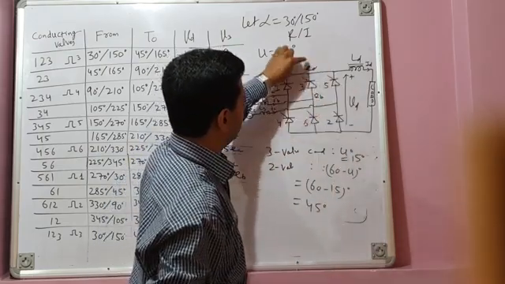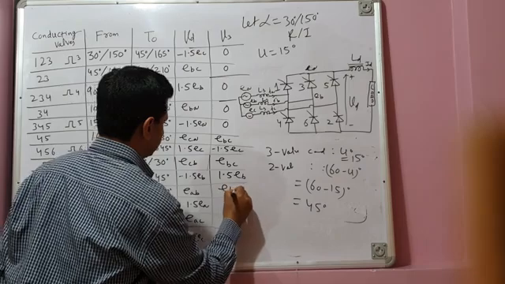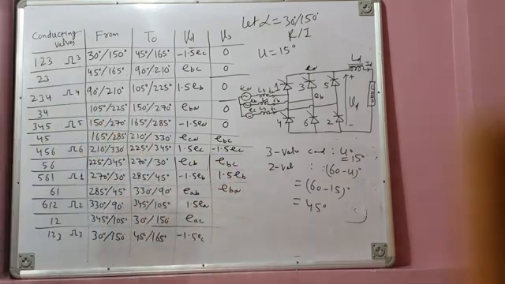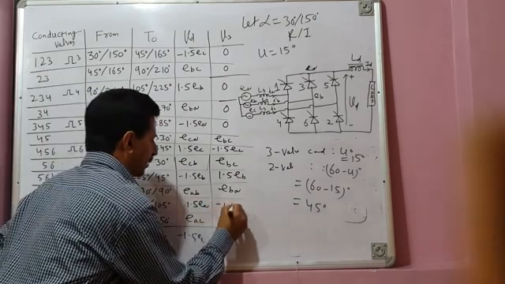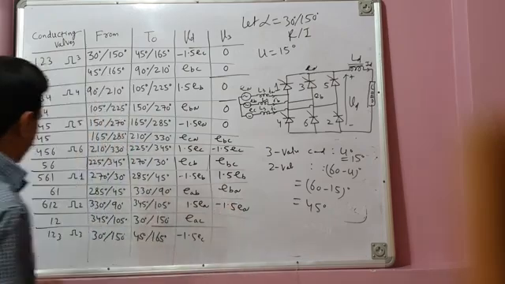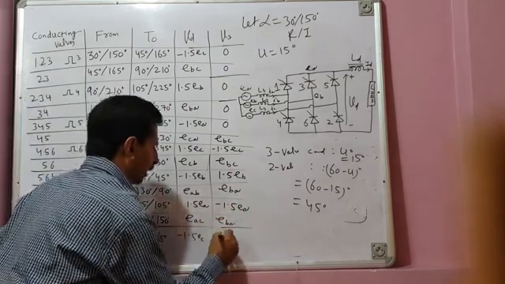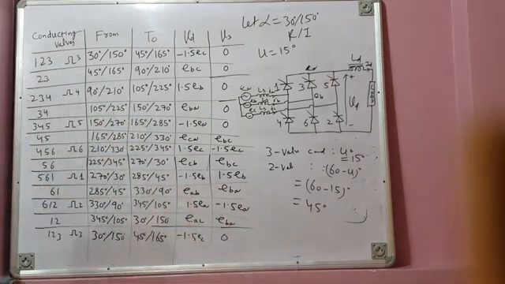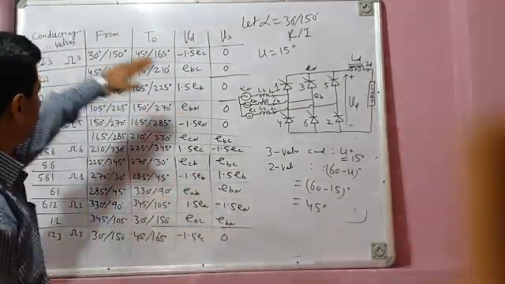It is anode voltage minus cathode voltage, EB minus EA, that is EBA. Then if this is the load voltage, the valve voltage will be just the opposite of this, minus 1.5 EA. And 1 is again conducting, so it will again be EBA. Then again it will be 0 because 3 again starts conducting. So this is how we find the valve voltage. So this completes our table.